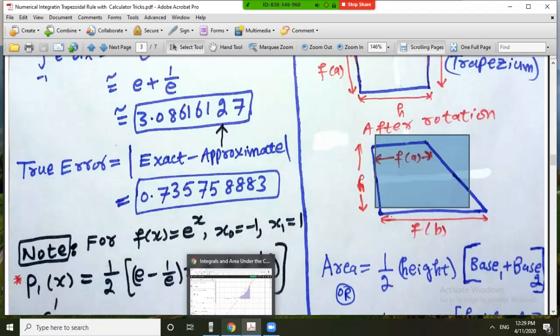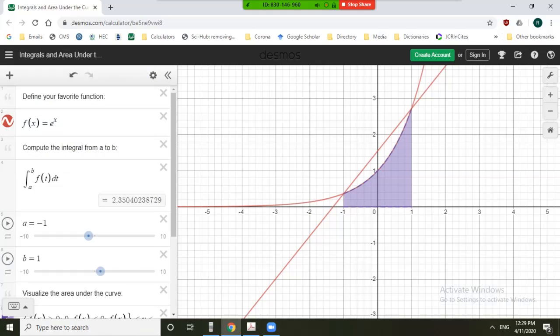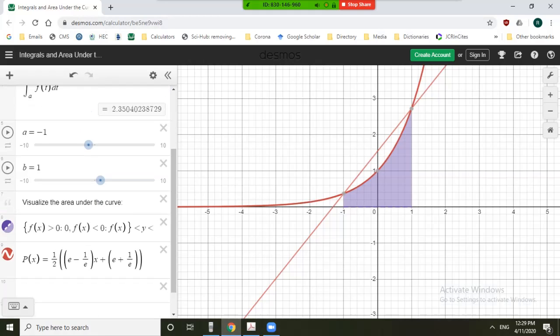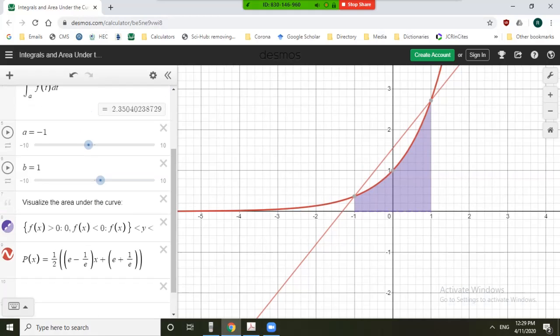We can also sketch the graph by using the Desmos calculator online. Here, this is the graph of e power x, and the bold graph is for e power x, and the other one is for p1 of x.